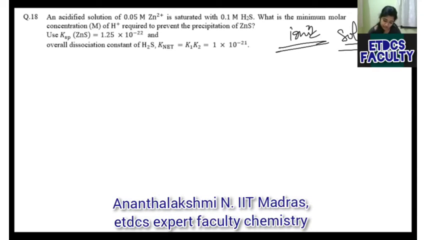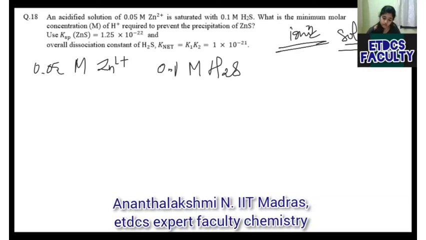So they have given an acidified solution of 0.05 molar zinc saturated with 0.1 molar H2S.